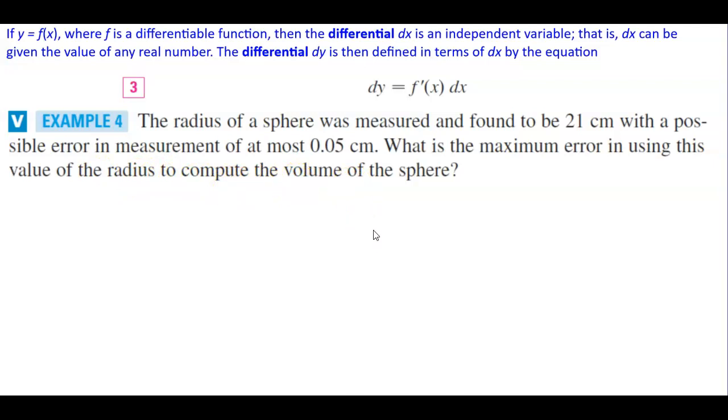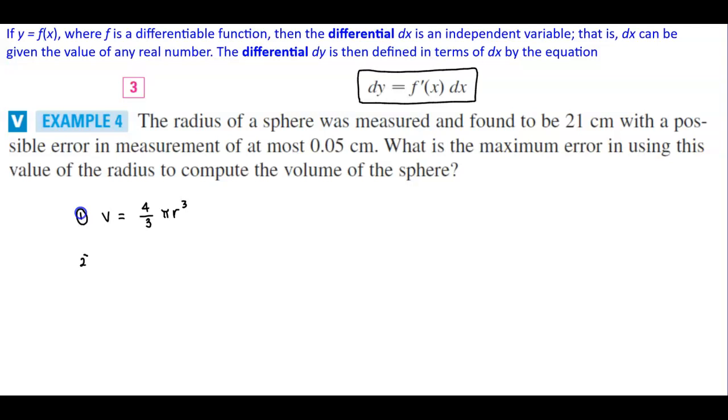So, first things first, we need to know what the volume of a sphere equals. Well, we know the formula is 4/3 times pi r cubed. So we can rewrite this in terms of this definition.